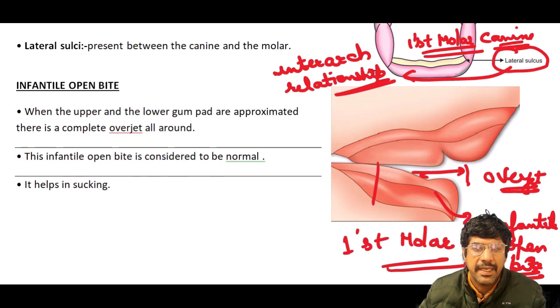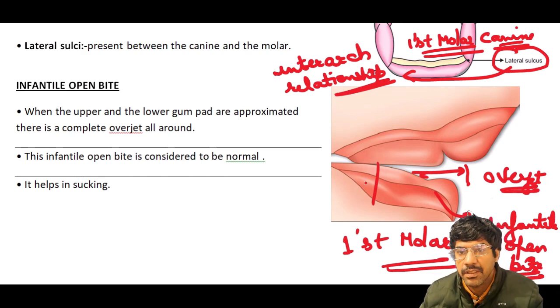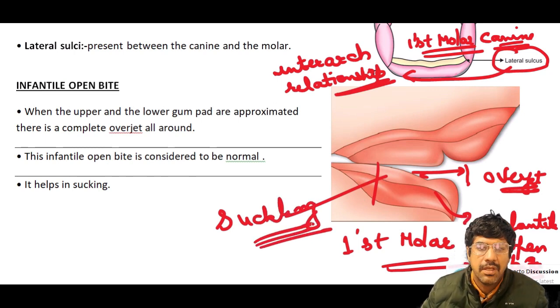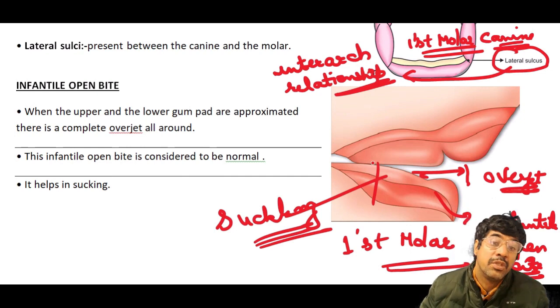This open bite is advantageous for suckling, and it gradually diminishes as the teeth erupt. At rest, an anterior open bite is observed with contact only in the molar region. The tongue may protrude anteriorly through this space.